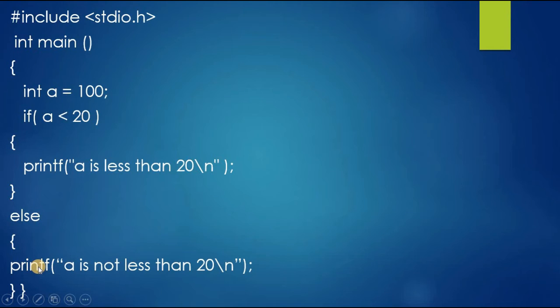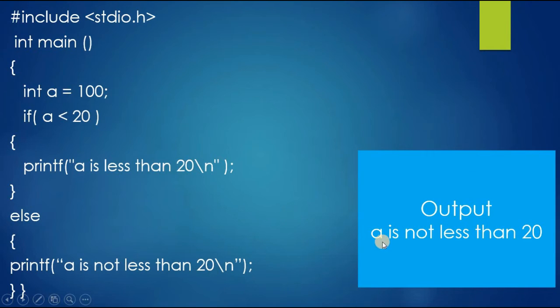In the else part we have written a is not less than 20. So we will get the output as a is not less than 20. This is how the if-else statement works in C programming.